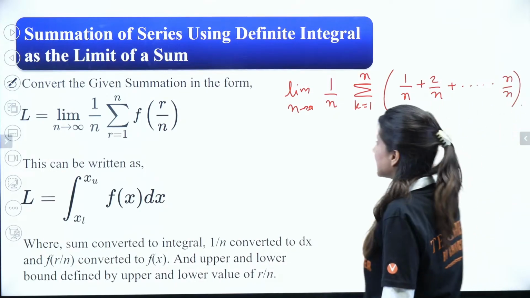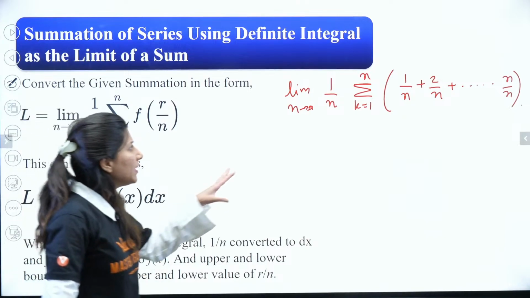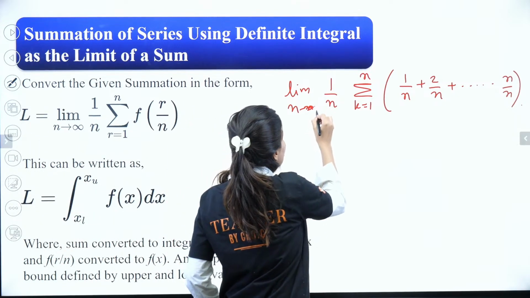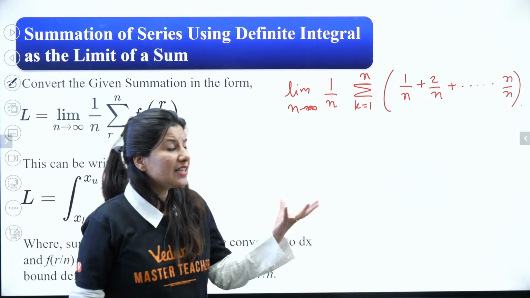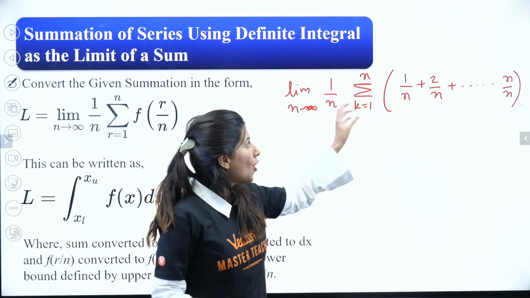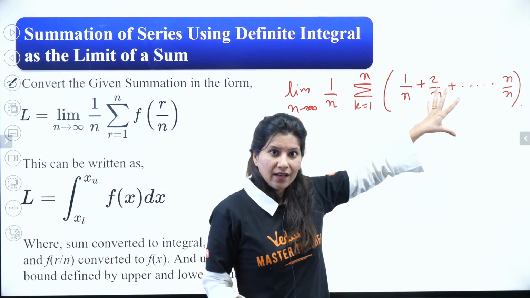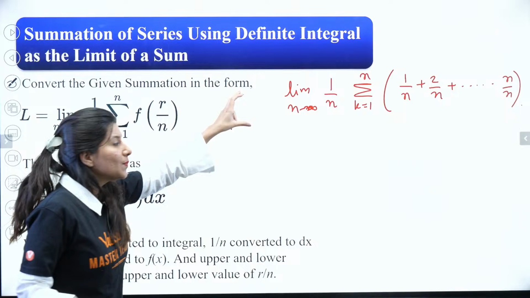Very simple, let's take a very simple example. So this is what you need to calculate. The moment we see limit n tend to infinity, we feel this is a question of limits. No, no, no. But limit is there of a sum. Can you see limit of a sum is there?